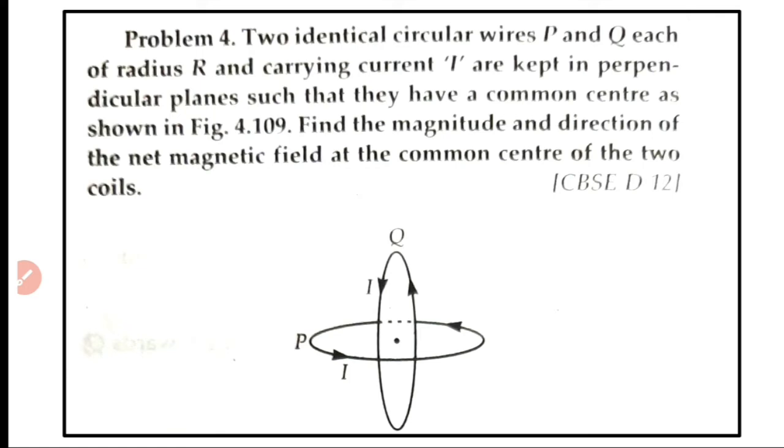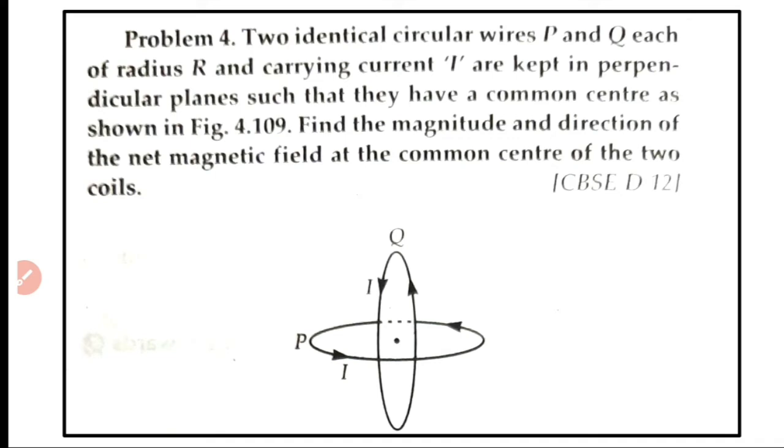Two identical coils, so their radius is the same, and the direction of current is as shown, and we have to find the net magnetic field at the center. So first of all, we should see what is the direction of the magnetic field at the center due to each coil.